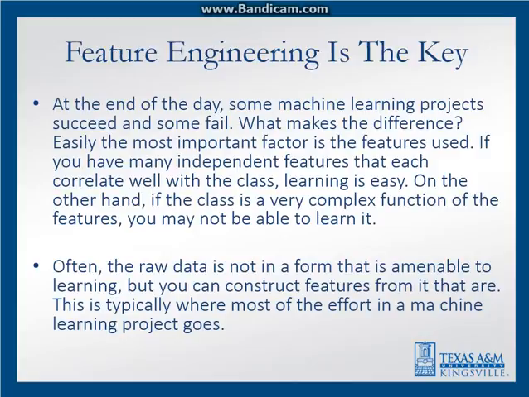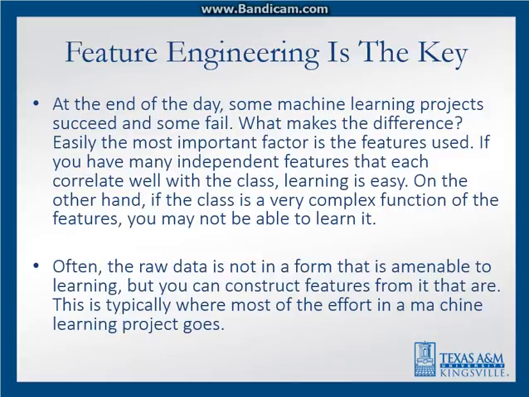And the third topic is feature engineering is the key. Feature engineering means at the end of the day, some machine learning projects succeed and some fail. What makes the difference? Easily, the most important factor is the features used. If you have many independent features that each correlate well with the class, learning is easy.